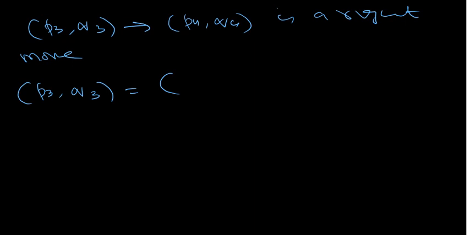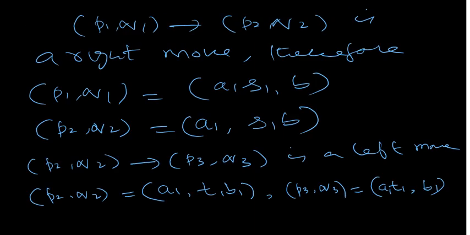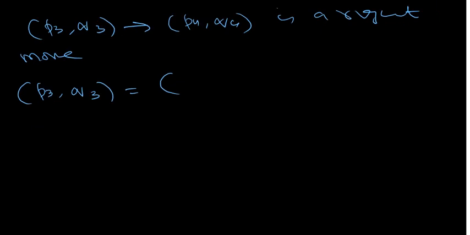What will be P3 here? So P3 has a factorization. This P3 will be equal to A2 S2, then Q3. What's Q3 in the previous transition? Q3 as it is, but what's the actual value of Q3?